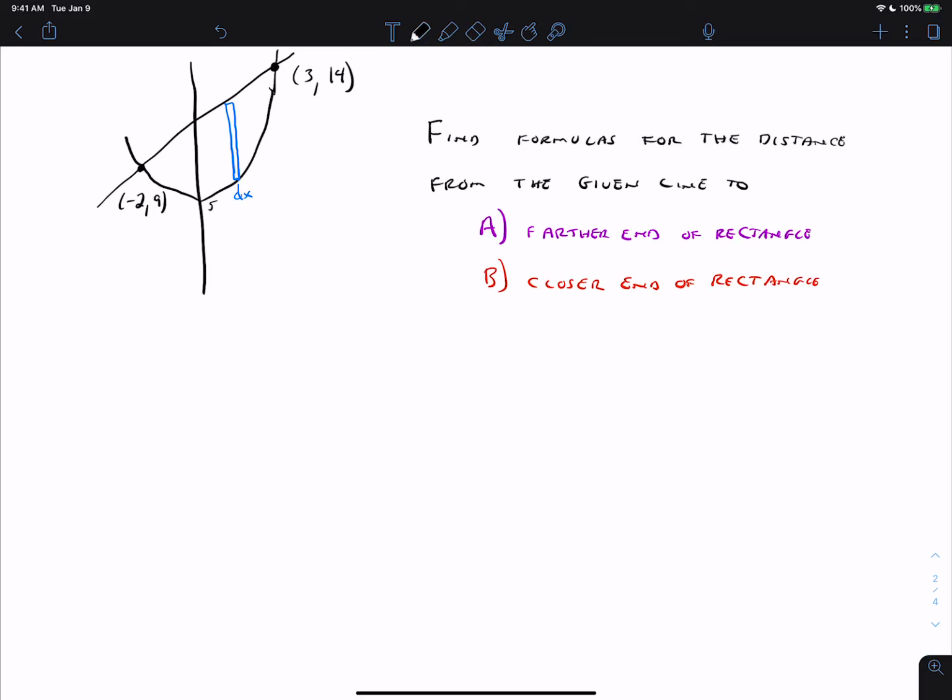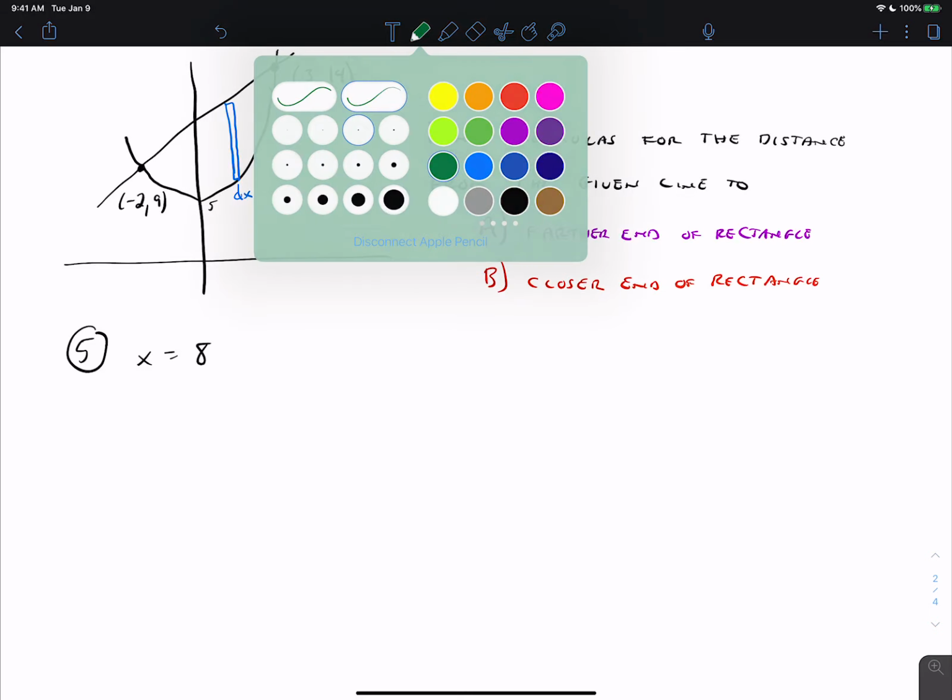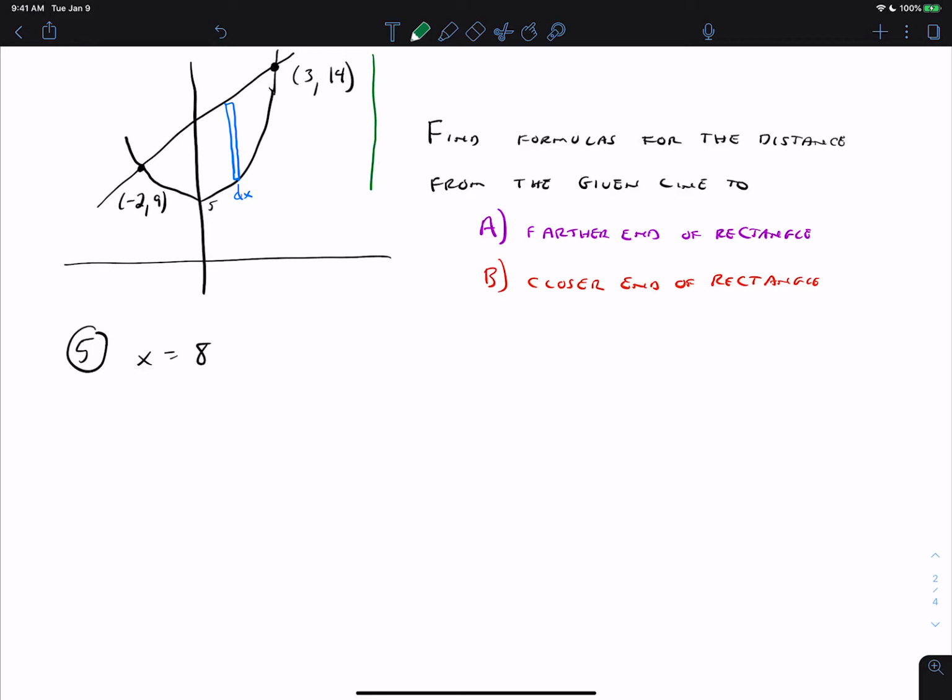Let's look at number 5, and we'll say x equals 8. So x equals 8 is a vertical line to the right of the region. X equals 8 over here.